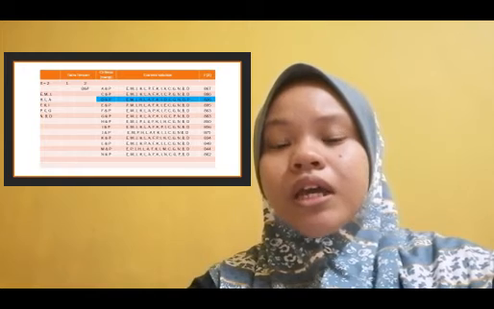So I can conclude that from these 3 iterations, the best solution so far is 826, which is when we swap D and P at iteration number 2. Thank you.